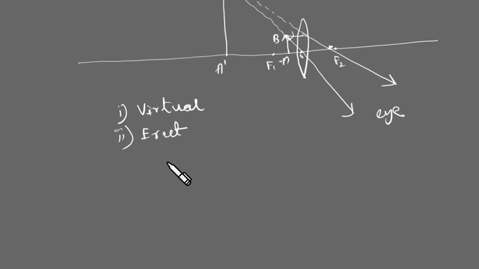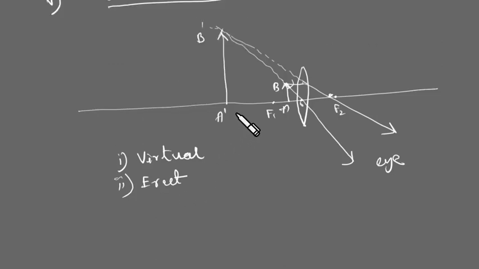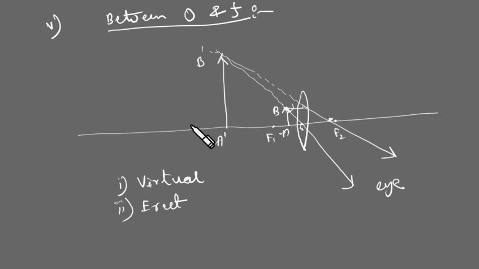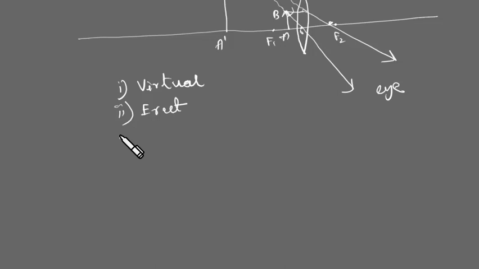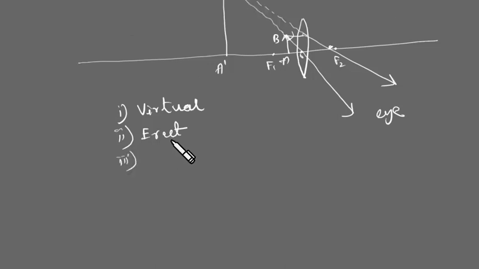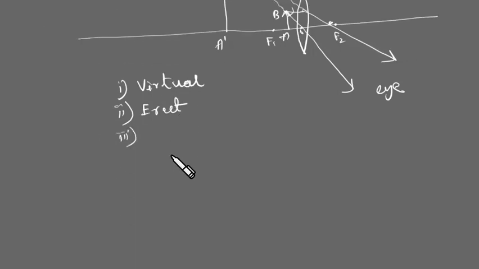It is erect because it is on the same side of the principal axis as the object. Third, it is magnified, because the image is bigger than the object. Fourth, it is on the same side of the lens as the object.